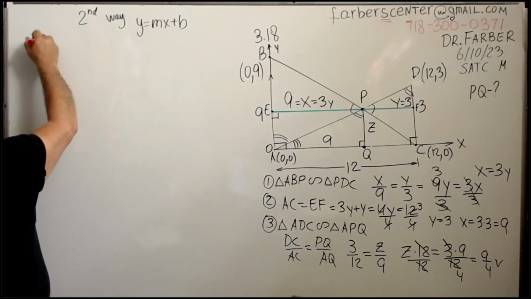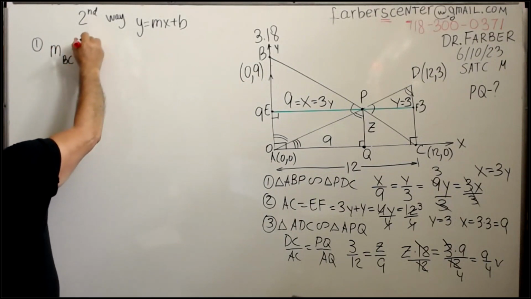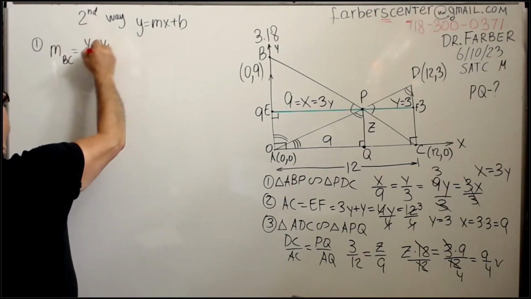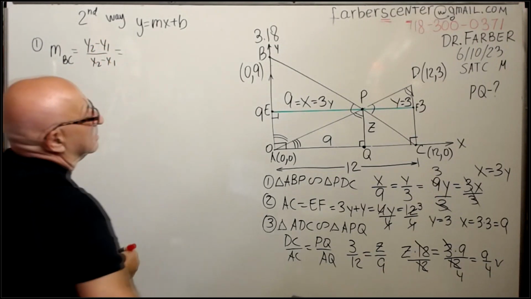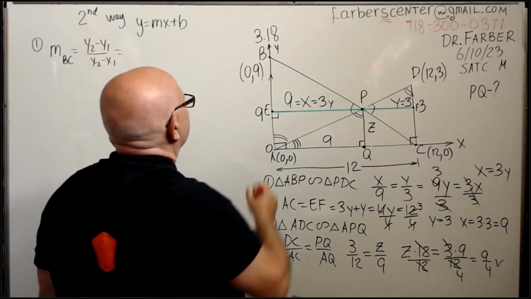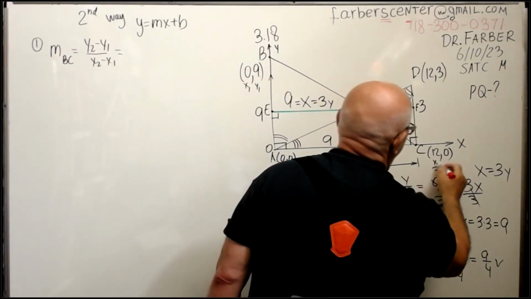Step number 1. Slope of line BC: y2 minus y1 divided by x2 minus x1 equals. Let's say this is x1, y1, and this is x2, y2.